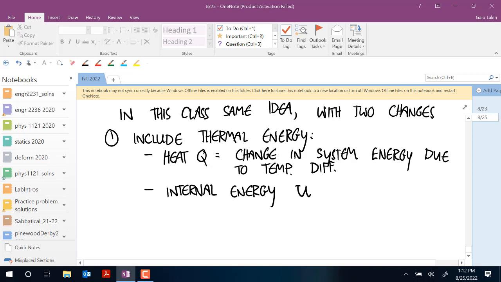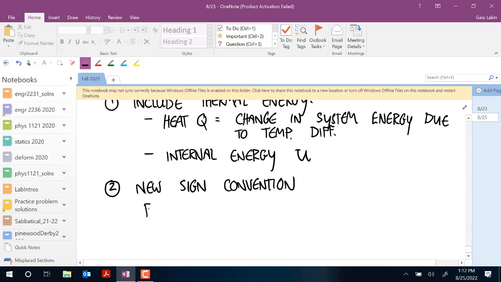And the second change is the one that I brought up last time about the sign convention. So there's this new sign convention that you always have to be aware of. And it comes from, remember, the power cycle.